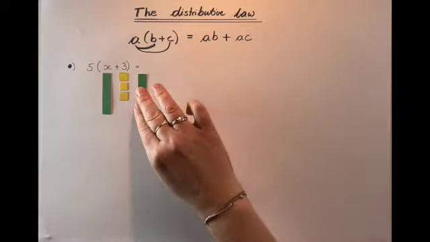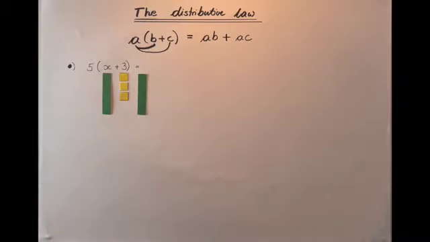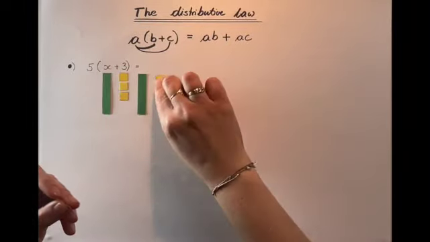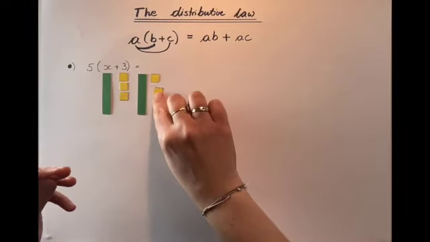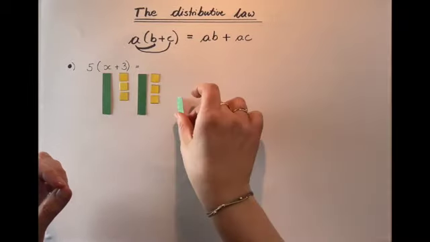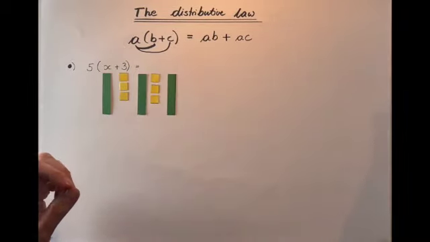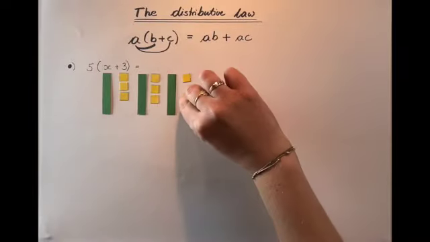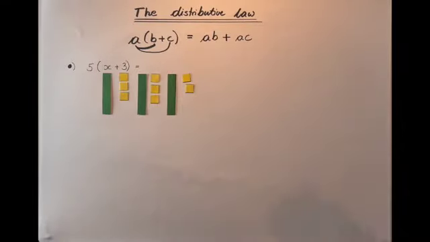So let's put that together. So we have here x and 1, 2, 3 units. Then I've got here another x and another 1, 2, 3 units.